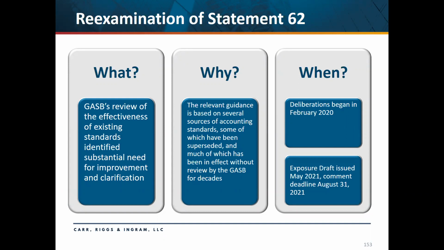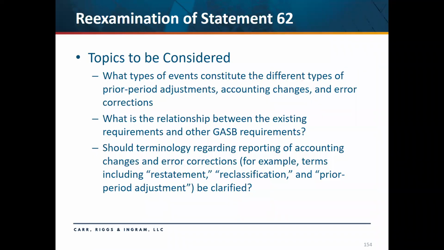Okay, so there are a couple of strange things in there. On the next ones, it talks about what the topics to be considered are. We're really asking what types of events are going to constitute a prior period adjustment, accounting change, or an error correction, what the relationship is between those GASB requirements, and how you apply the terminology of a restatement or a reclassification or prior period adjustment.